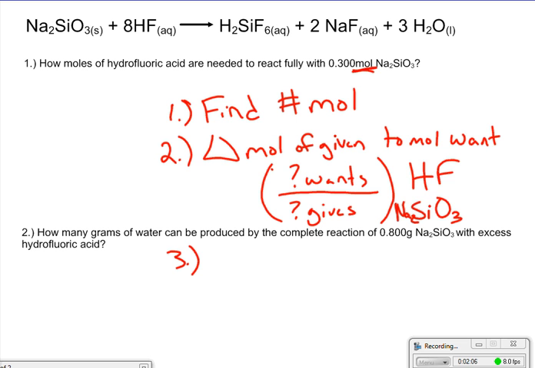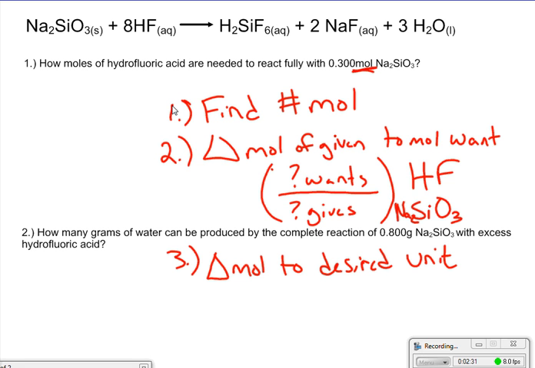If you're asked for a different unit besides moles, you are going to go to step 3, which is change moles to desired unit. And to do that, you're going to use your mole table that we used in the other videos.